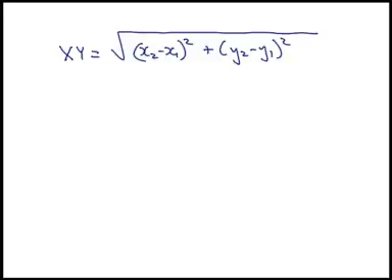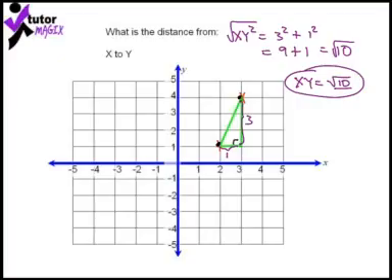Now x2, x1, y2 and y1 would be the coordinates of the respective 2 points. So X would be 3 on the x-axis and 4 on the y-axis, and Y would be 2 on the x-axis and 1 on the y-axis. And then we can say, for instance, that is x2 and y2, and this is x1 and y1.